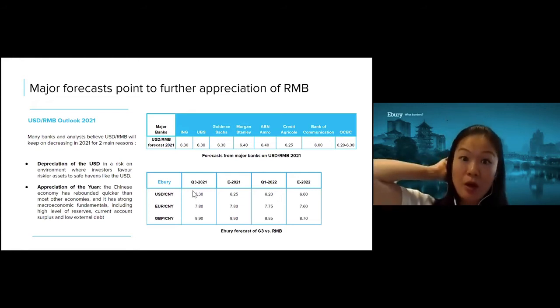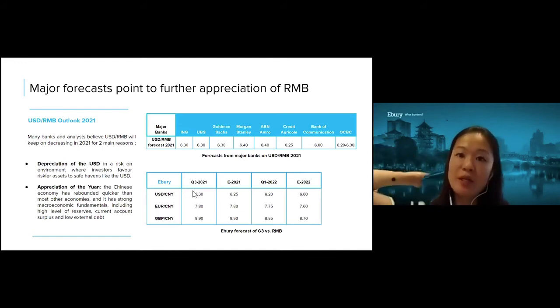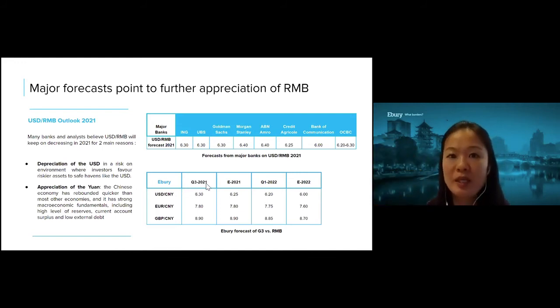And on the other hand, on the yuan side, we foresee that the trend of the yuan is going to continue appreciating. Actually, the Chinese yuan, previously it was deemed as an emerging market currency, but more and more the international investors are seeing the RMB as an international currency, the same way as cable, USD, or Euro.